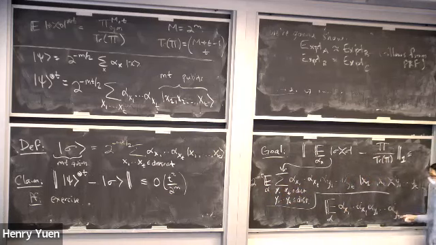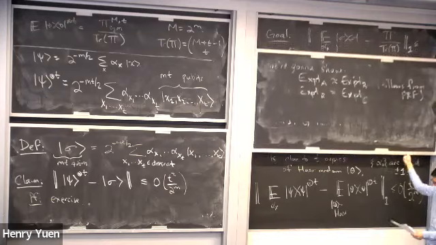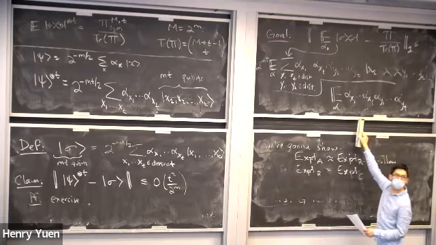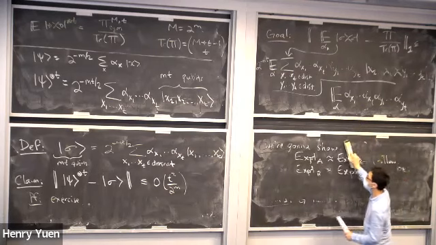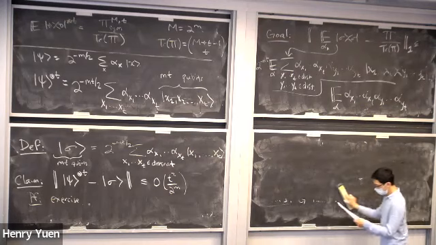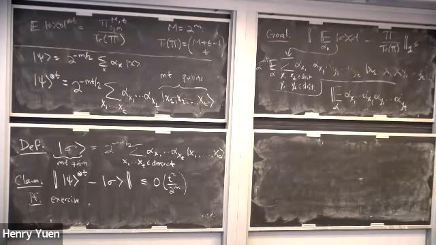This is just a number, right? Because we're just averaging over these alphas. And the claim is that this has a very simple closed form expression. So any guesses or any thoughts on what this number simplifies to be?